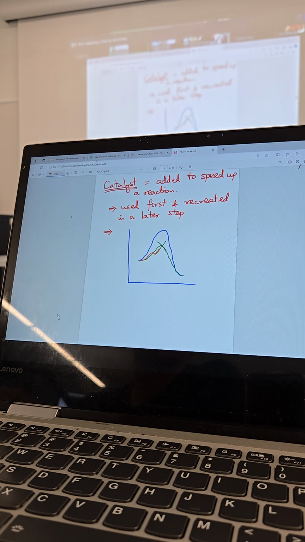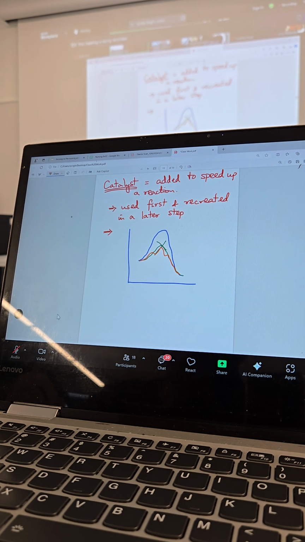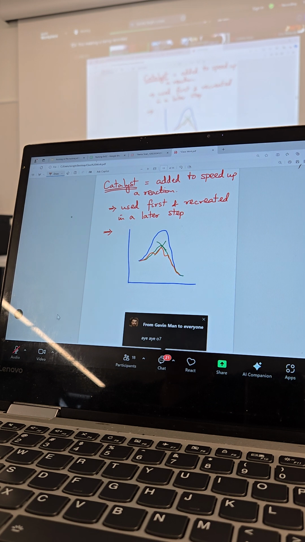So the rate determining step activation energy is lower than what it was before. Please make sure you understand this subtle difference, because it's pretty critical if you are going into biochem or even biology, that catalysts do not lower activation energy. They give us a different way to achieve the reaction, which has lower activation energy. Exactly, like a shortcut. You're right. Perfect. Does that make sense, everybody?